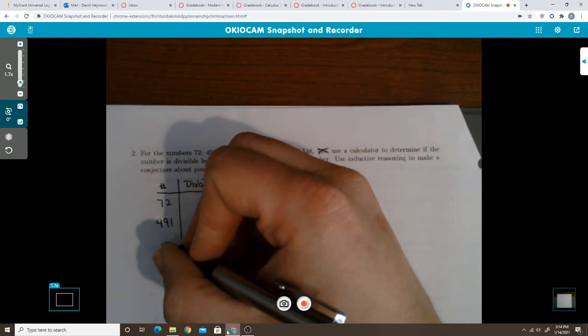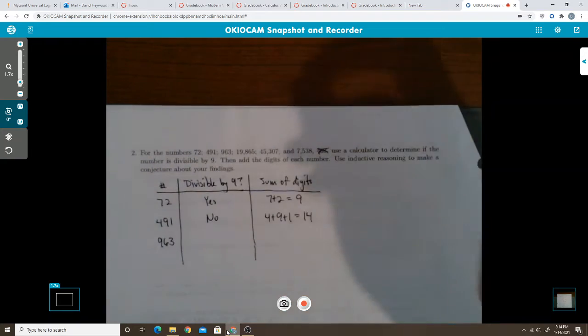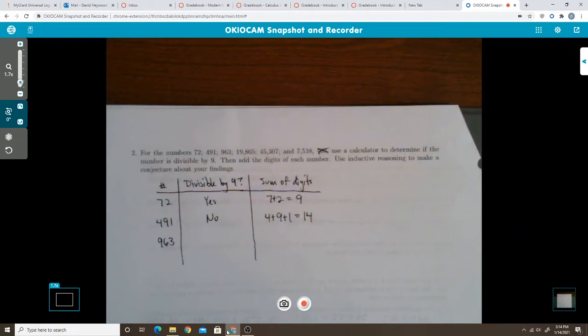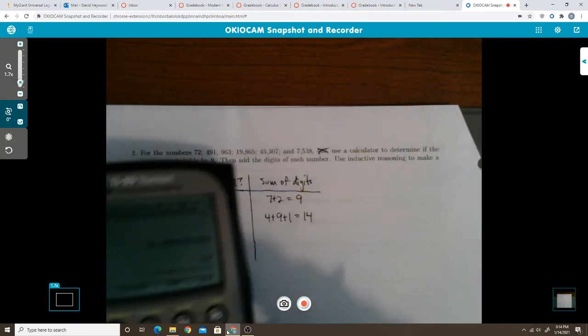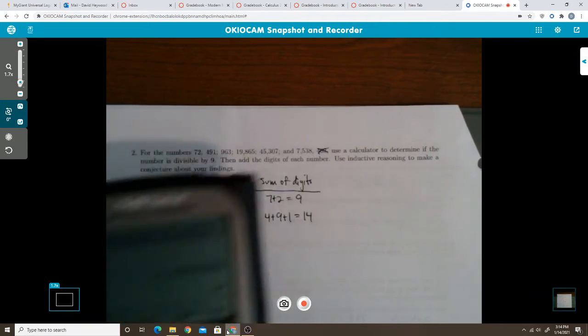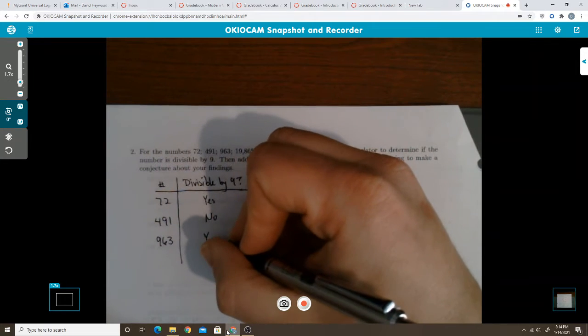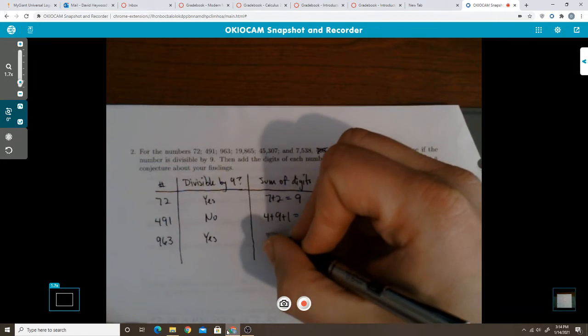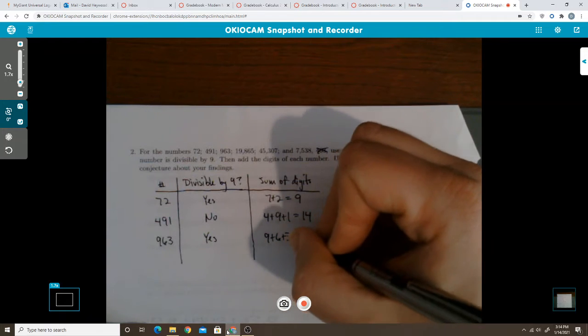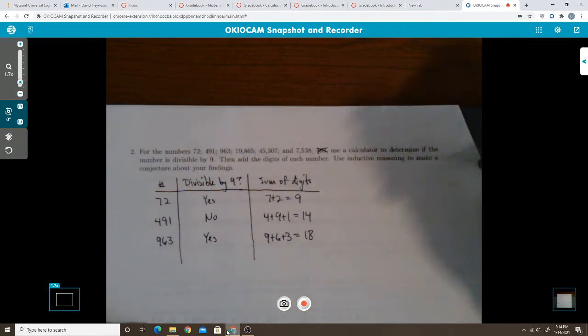Okay, 963. So 963 divided by 9 is exactly 107, right? So is 963 divisible by 9? The answer is yes. What's the sum of its digits? 9 plus 6 plus 3 would be 18.